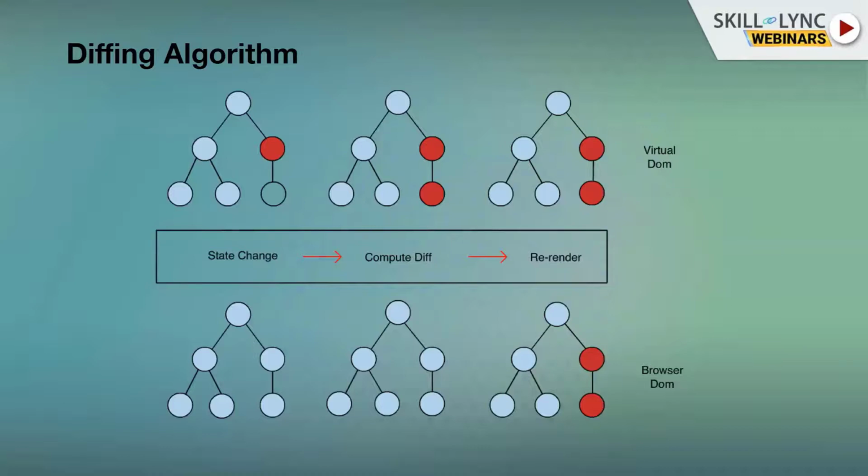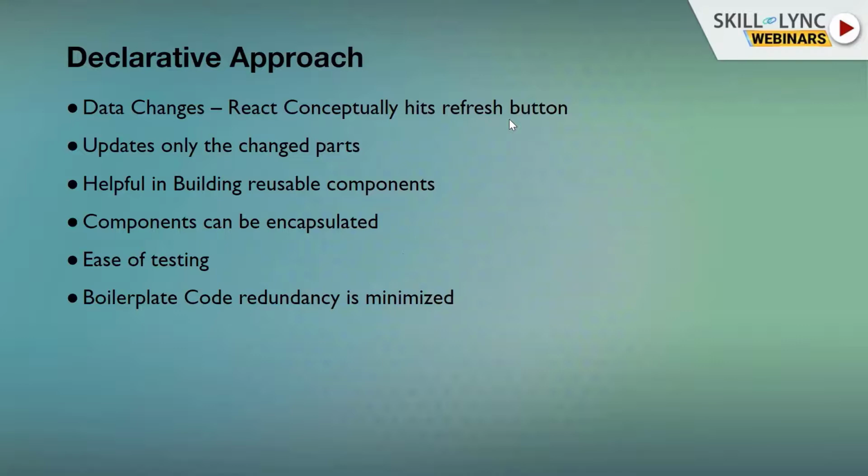In the same example, we would have been updating the DOM tree thrice. Instead, in React we are only updating the DOM tree once, and only the piece of code that has been updated, instead of constructing the entire tree from scratch. That is the reason we use React over other libraries. If you go to the next screen, you can see I told you React uses a declarative approach.